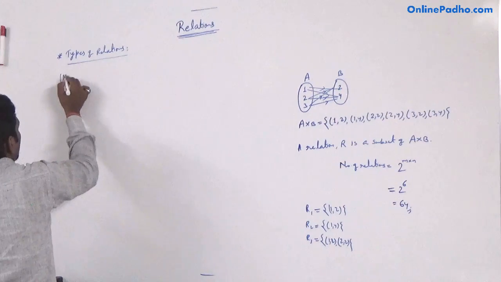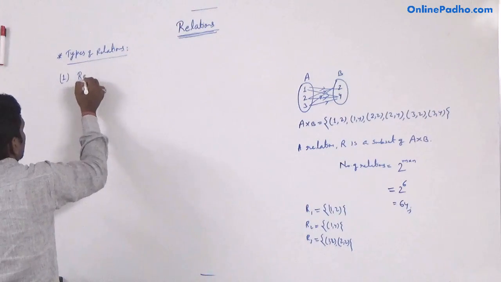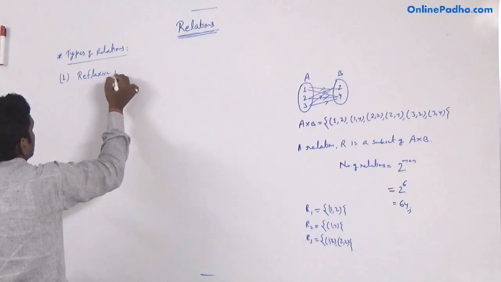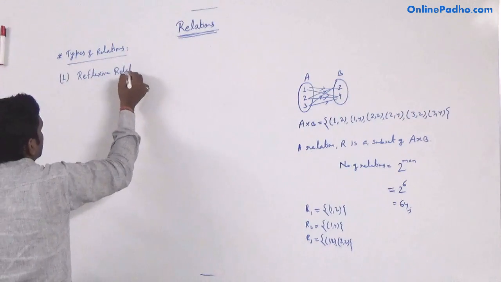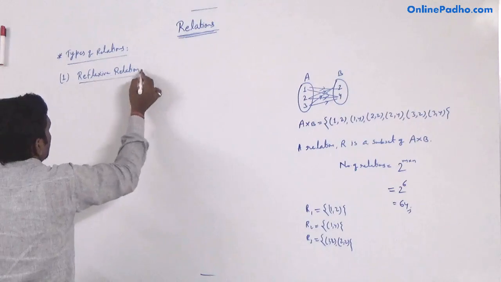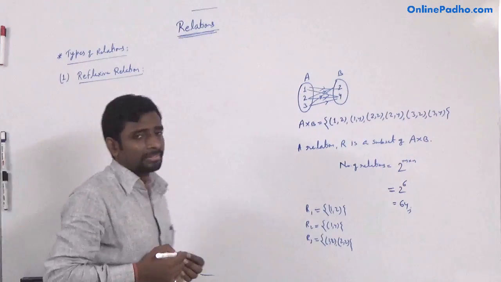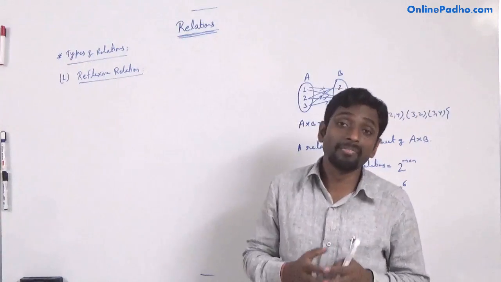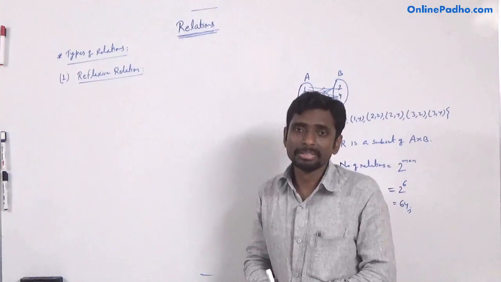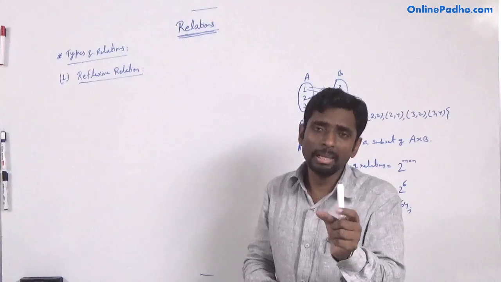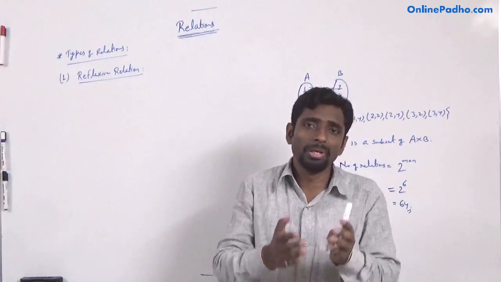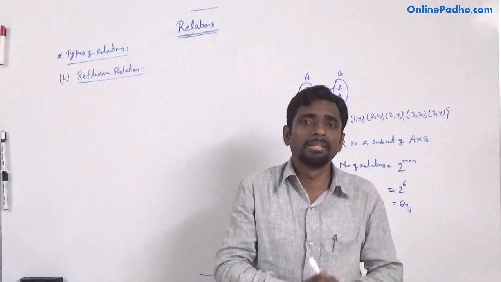So our first type of relation is the reflexive relation. Let us see what a reflexive relation is. It is clear from the name: reflexive means if a is an element of some set A, then (a, a) must be an element of that relation.